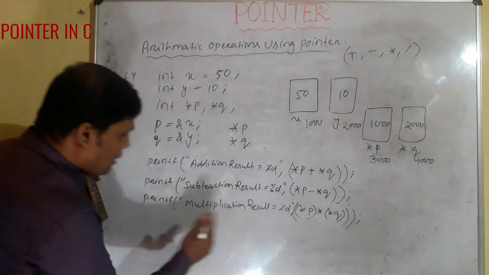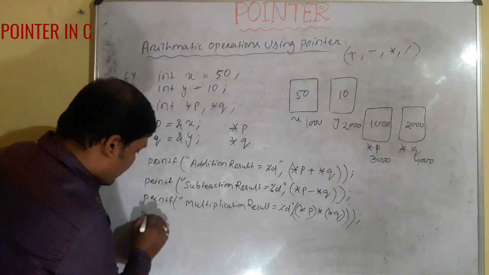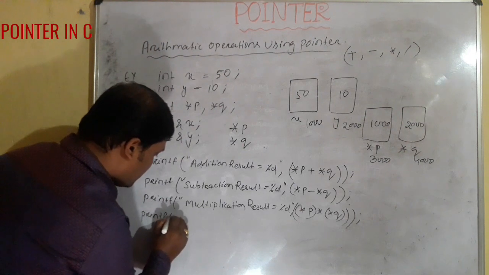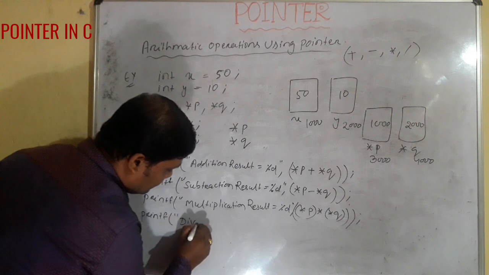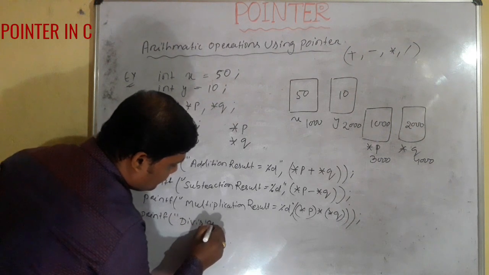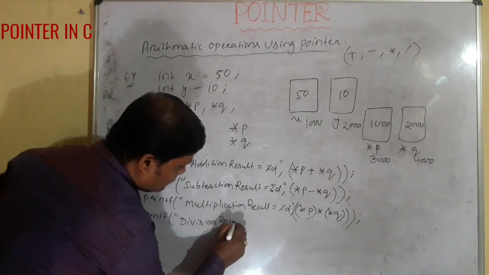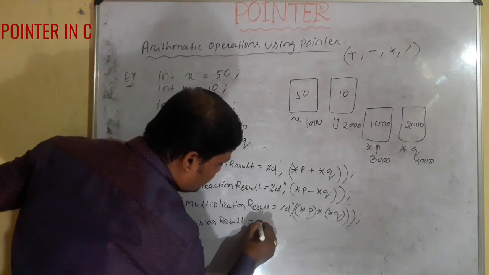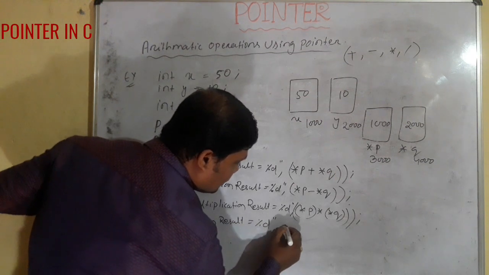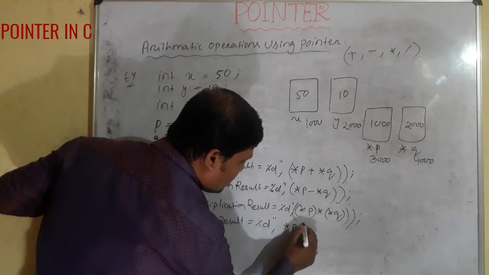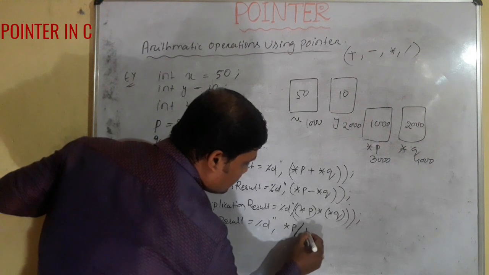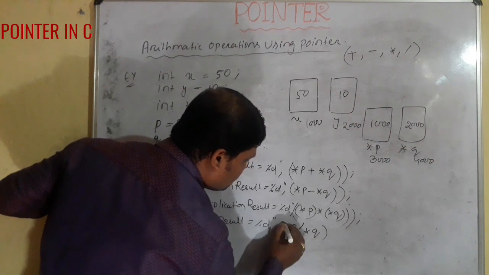Clear? Same as printf division result equal to percent d, then star p by star q.